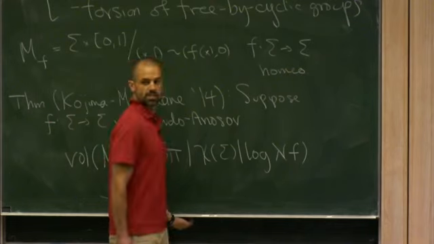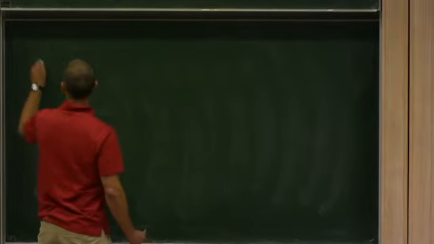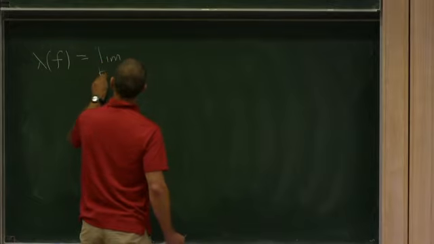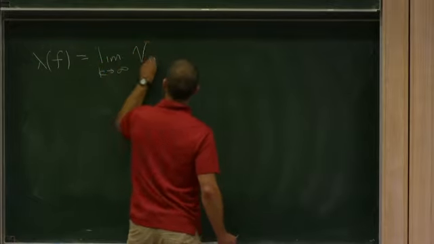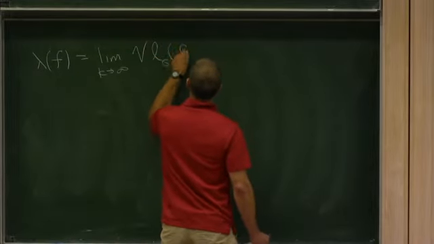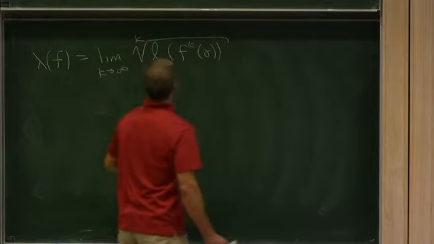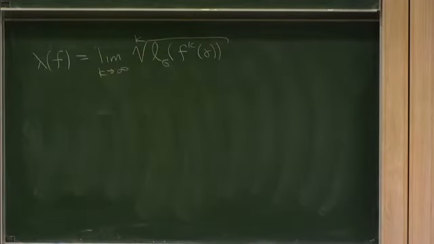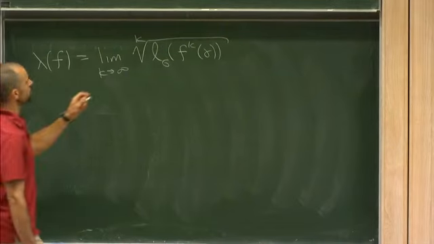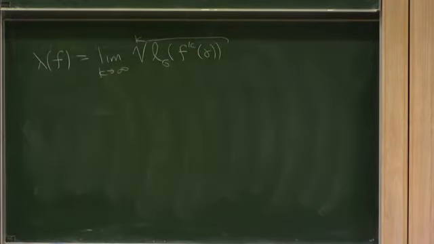It's just how much the curve is getting stretched, sometimes called a dilatation. You take some hyperbolic metric on the surface, call it little sigma, take the length of a curve, look at its iterates, and then take the kth root. The log of that is the entropy of the homeomorphism.